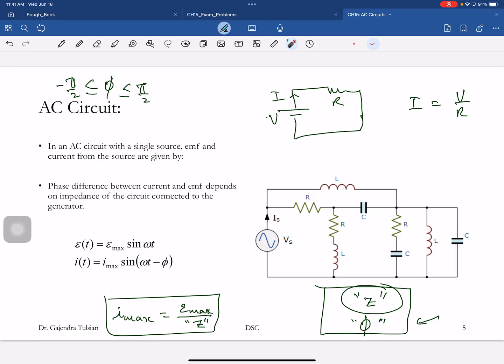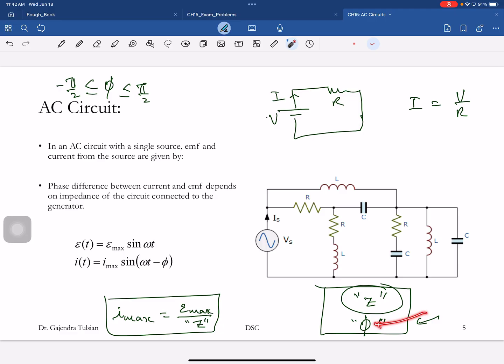So those are the two things we're interested in. We're going to connect an AC source to a circuit. We would be interested in what is the Z of the circuit. What does the Z tell you? Impedance. And that'll give you the amplitude of the current being drawn by the circuit.